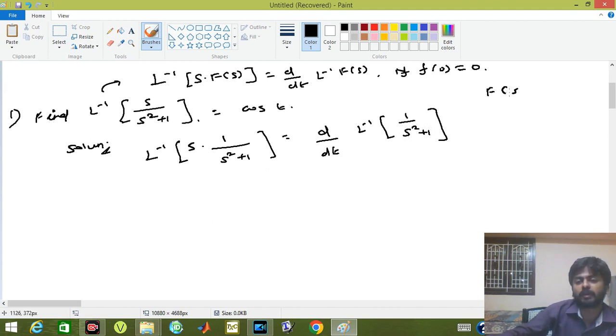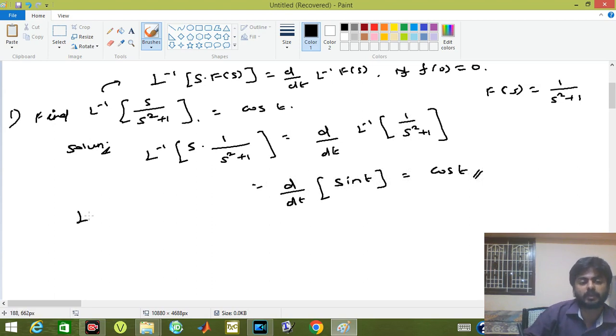In this problem we have taken f of s as 1 by s square plus 1. Okay, so this is actually 1 by s square plus 1, that is equal to sin t. So you will have d by dt of sin t, that is equal to cos t.